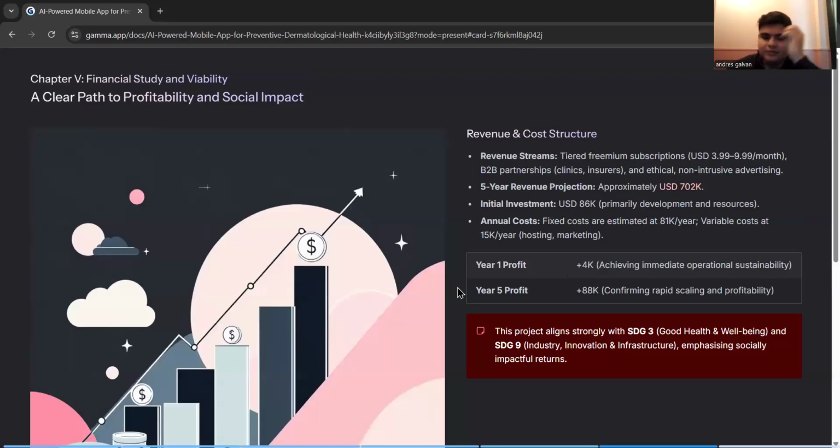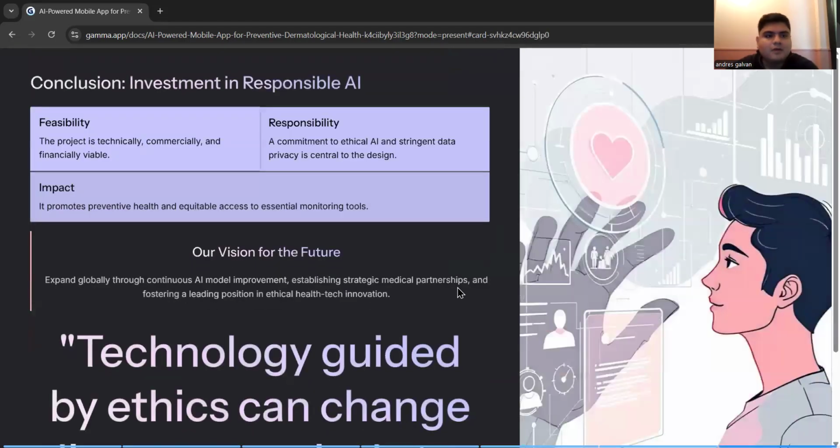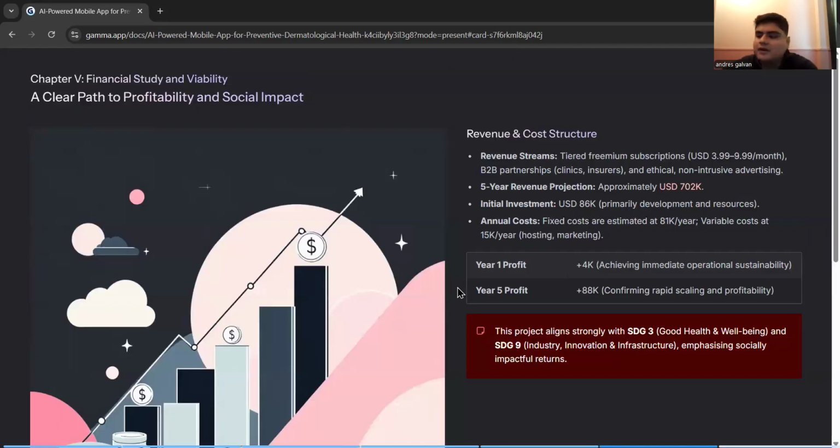From a strategic perspective, this project also contributes to global development. In other words, this business looks for economical, technological, and also ethical sense.